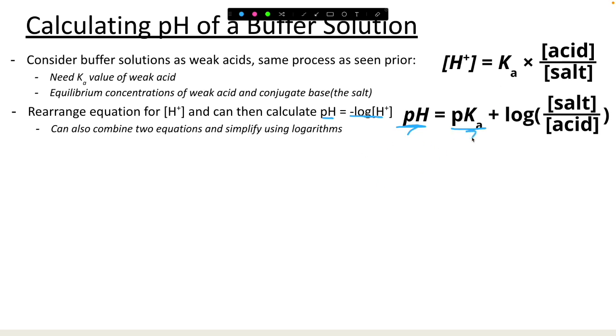Minus log of the Ka is the pKa, and then some stuff happens here. They get swapped around, a plus sign gets in there, but that's another equation to get the pH directly if we're given the pKa. So we can combine the two equations and simplify using logarithms to get the pH of a buffer solution. Let's practice that.